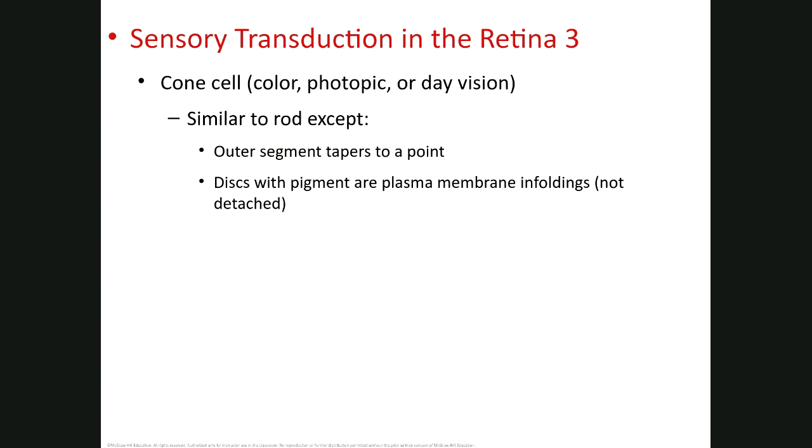Cone cells are responsible for color and therefore will give you a photopic vision. It's known to be used more in day vision where there's light. The outer segment tapers to a point and the discs have plasma membrane enfoldings.